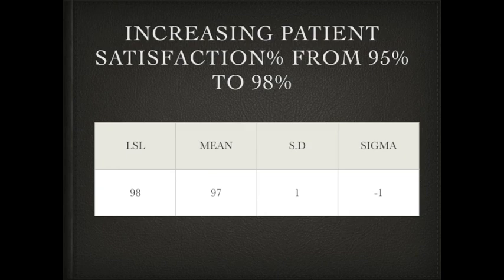The mean level is less than the lowest specification limit, and we have a standard deviation of 1. So here the difference between mean and the target is 1, and we are lesser than the lowest specification limit, so we are not achieving the target. So the sigma level is in minus, because only 1 sigma can be accommodated. It is in minus 1 sigma level.